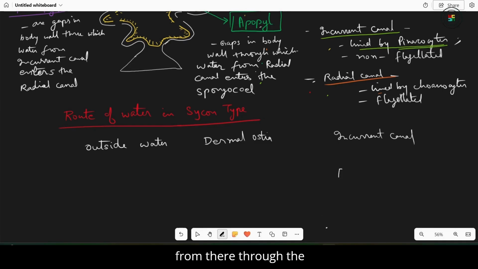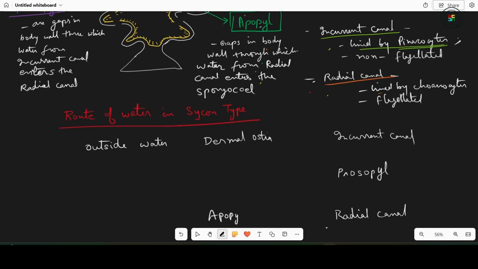From there, through the prosopyle into the radial canal, from there to the apopyle, through which it enters the spongocoel.